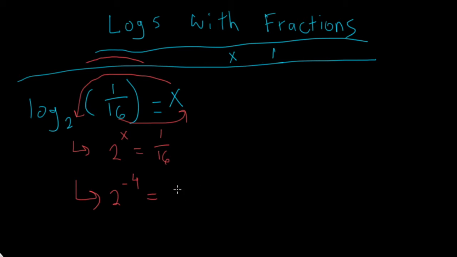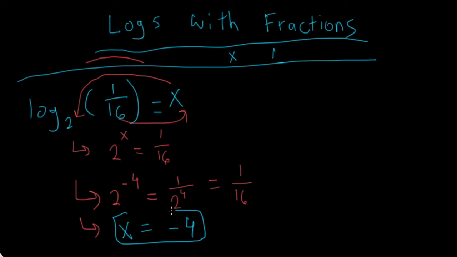That gives us 1 over 2 to the 4th power, and 2 to the 4th power is 16, so 1 over 16. So that means x has to equal negative 4, because in order to get from 2 to the x to 1 over 16, x would have to be negative 4.